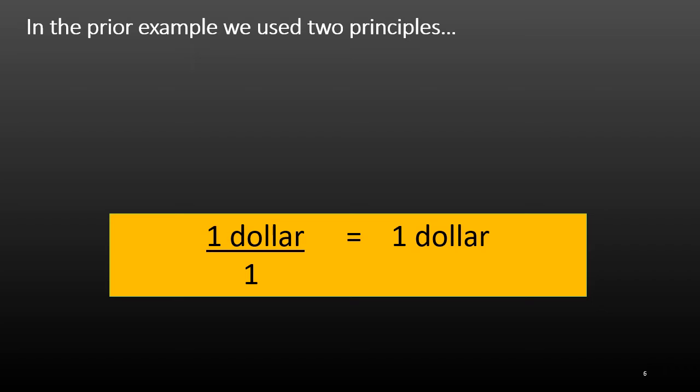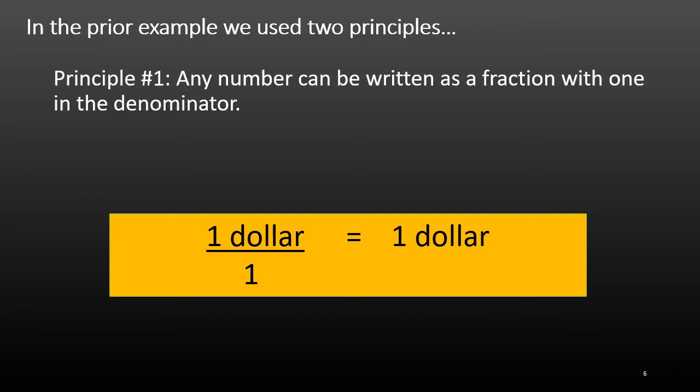So in the prior example, we used a couple of principles. And the first one is that any number can be written as a fraction with 1 in the denominator. So if in that prior example, I wrote 2,350 grams, that is the same thing as 2,350 grams divided by 1.